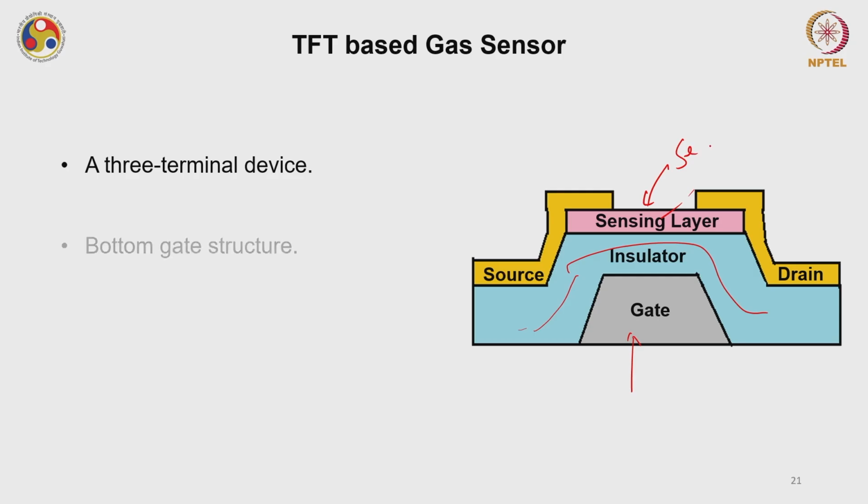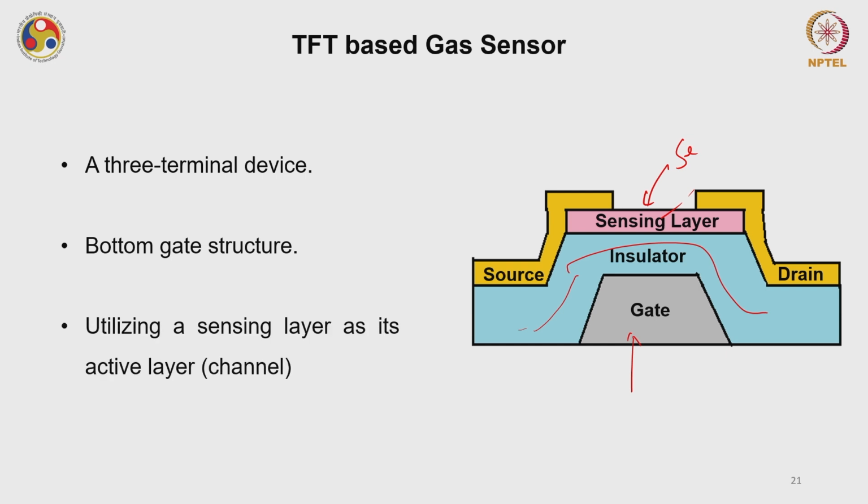If you see this structure, this is a bottom gated device. The device I was discussing just now in this FET was a top gated device, but this thin film transistor that I am discussing now is a bottom gated structure, so the gate is not at the top but at the bottom.